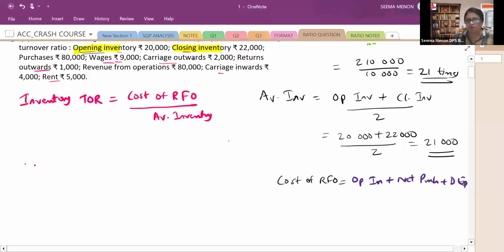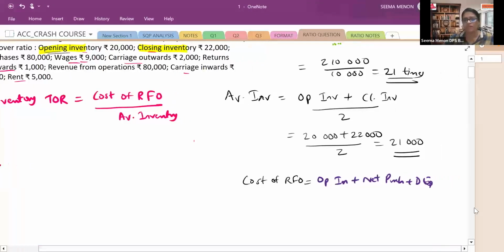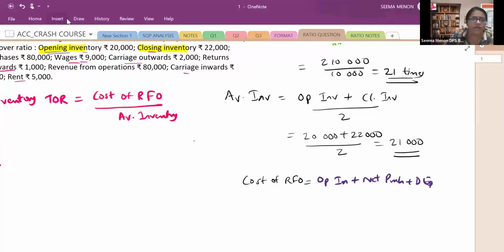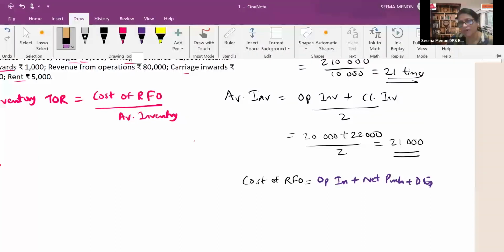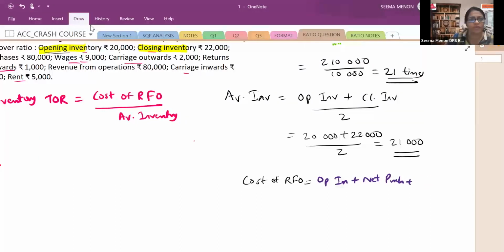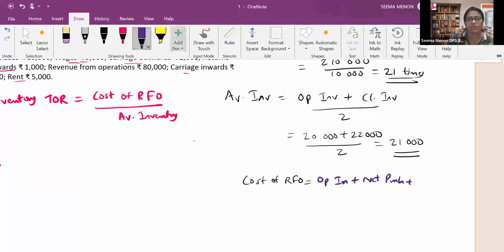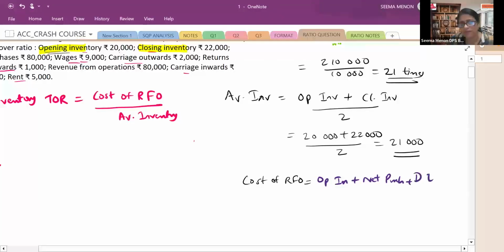Direct expenses, you all know. What are direct expenses? Direct expenses means wages, then what will come? Carriage inward, etc. So the direct expenses, after that, direct expenses minus closing stock, or closing inventory. Here we have to use the language closing inventory.